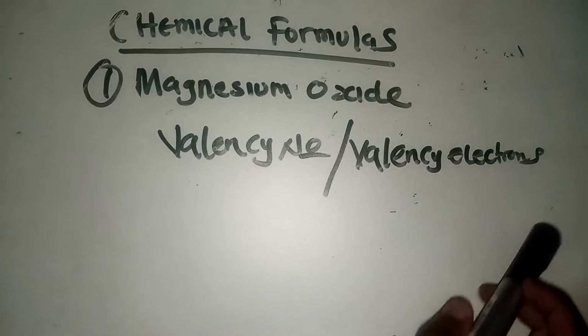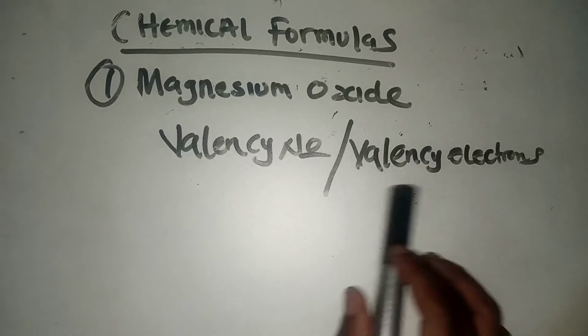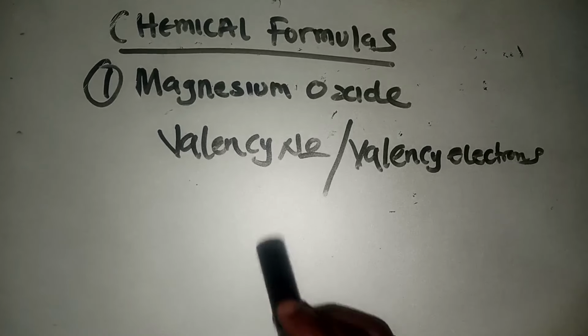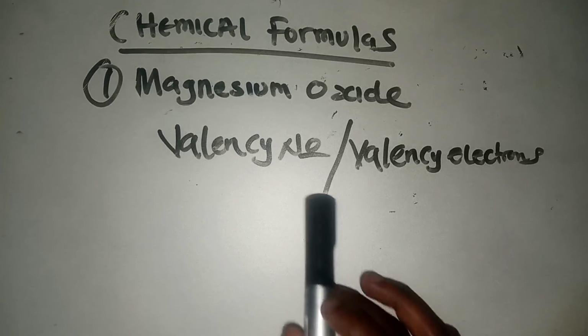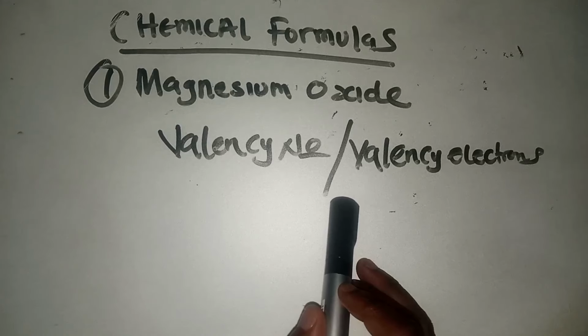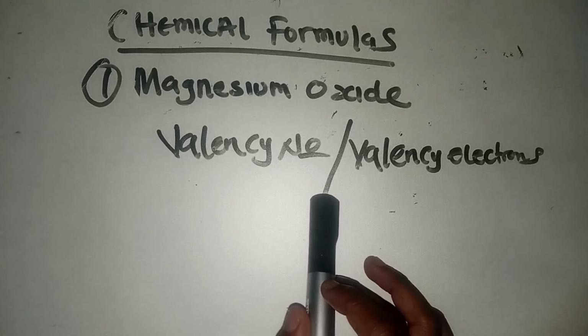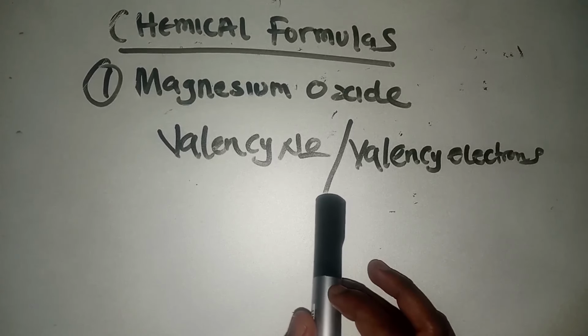I repeat, valence number is the number of electrons an element will either lose or gain. Valence electrons are the electrons found in the outermost shell of the given atom.